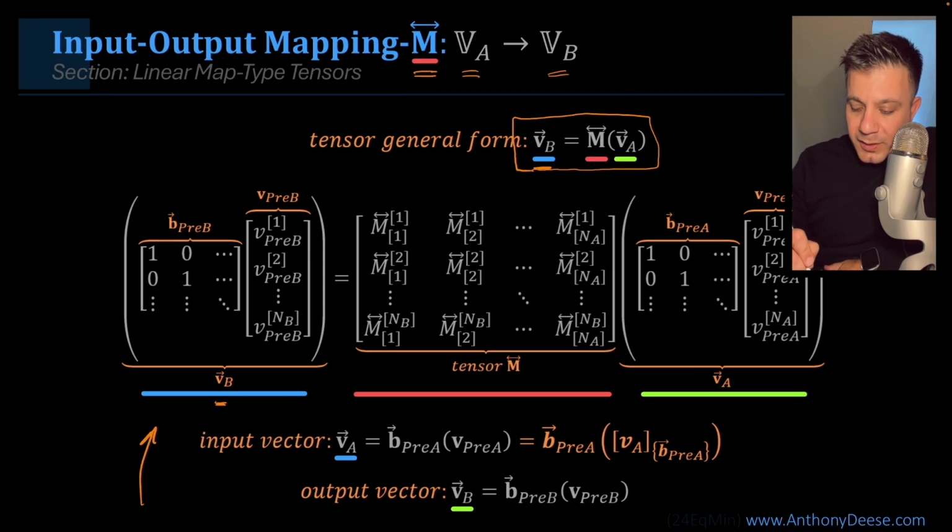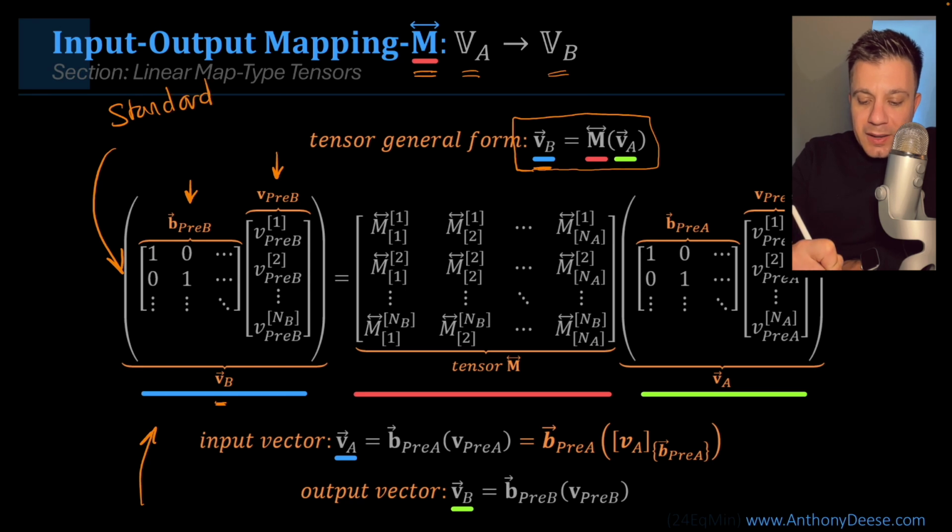As we've seen before, it's composed of a contravariant coordinate array, which we call V pre B, meaning, spoiler, before we apply some sort of change of basis transform. And it has its associated basis set, which we call B pre B. Now, if you remember, this is called a standard.